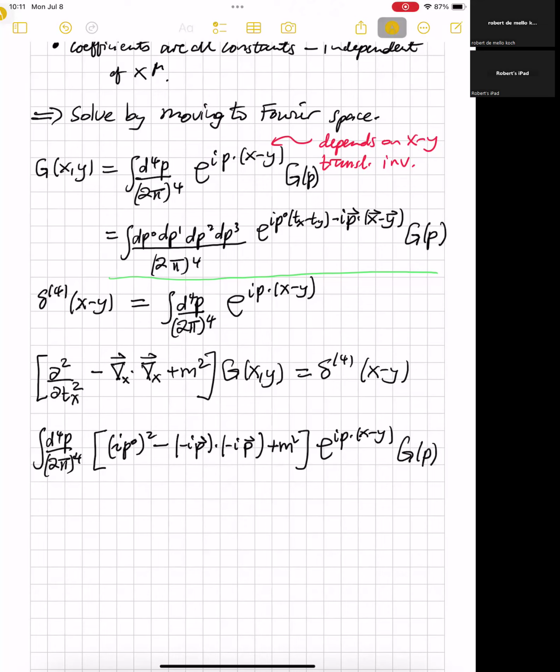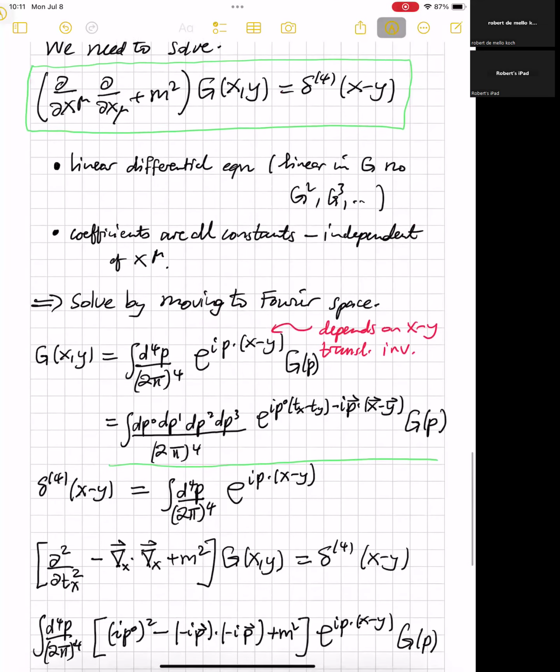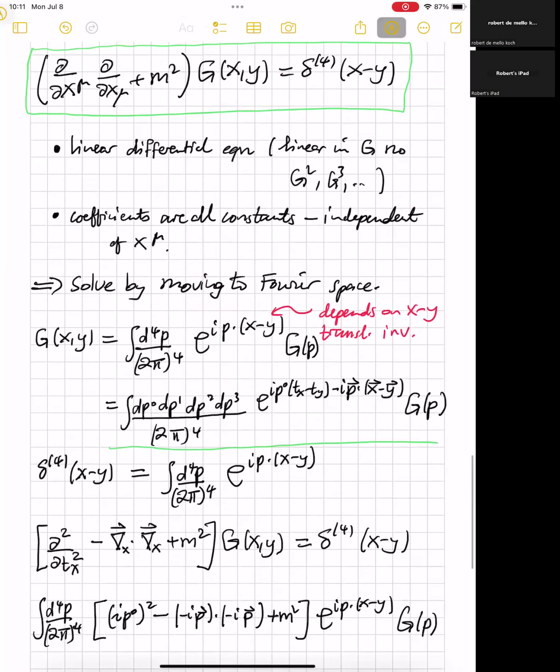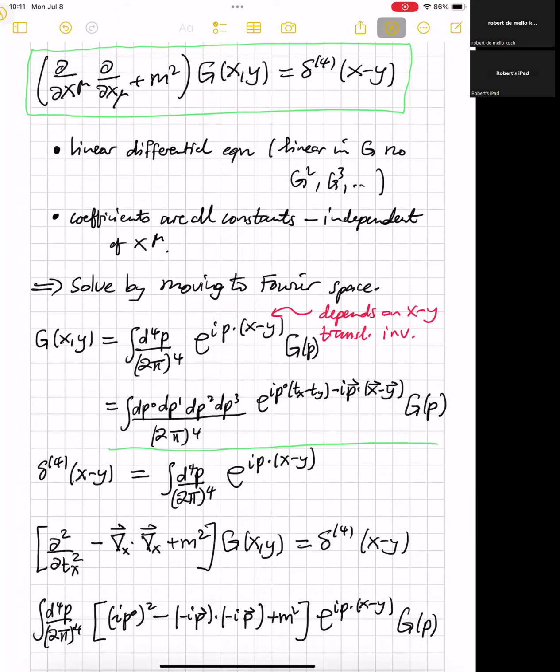So that's the left-hand side of the equation in the green box. Now notice something. I took this differential operator acting on g of x, and I took it all into the integral over d4p. Well, I can only do that if the coefficients are all constants independent of x mu. So what I've done here is use the second assumption, that I've got just constants independent of x mu. Good, so let's keep going.